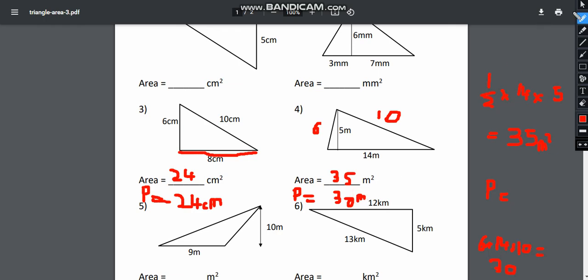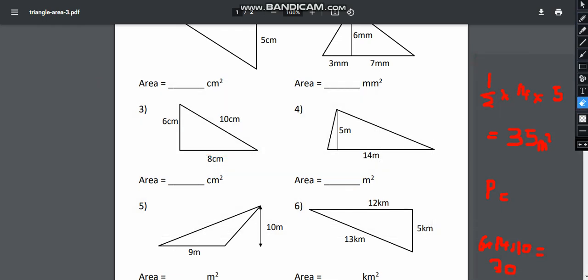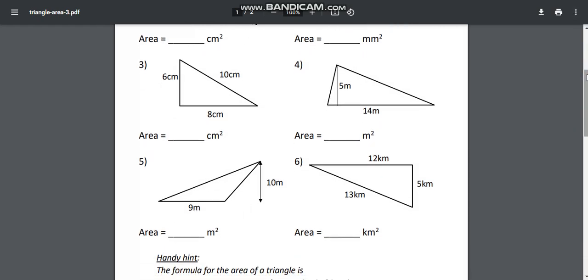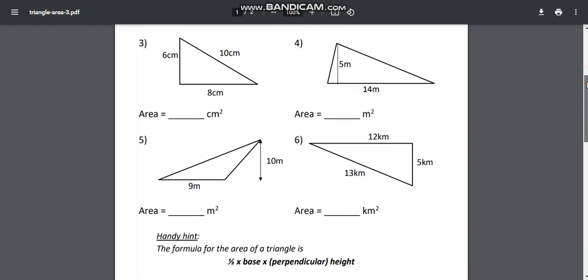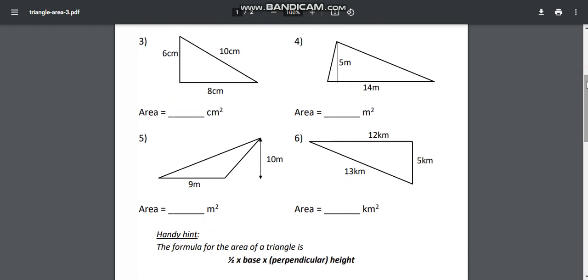Okay, great. And then to finish off, if you want to do the last set there, again, pause the video, try and see what you get, and if you want to get the perimeter, we'll call this side here 11 meters.